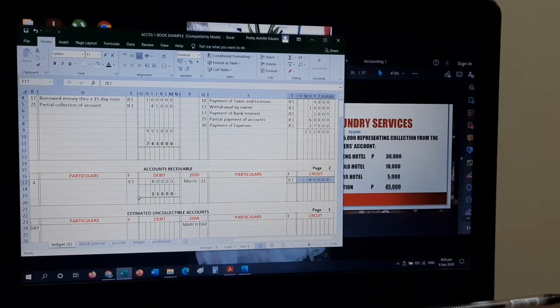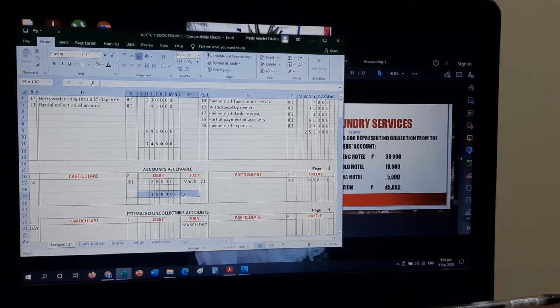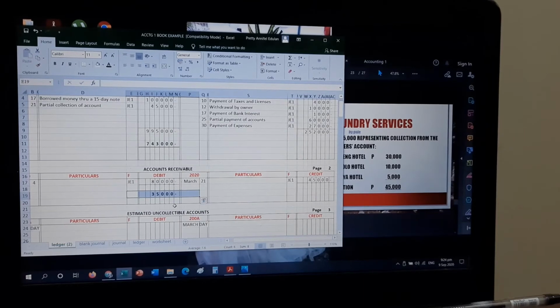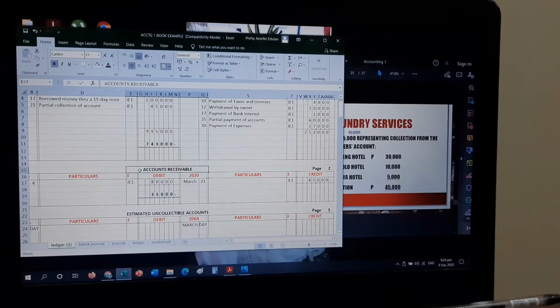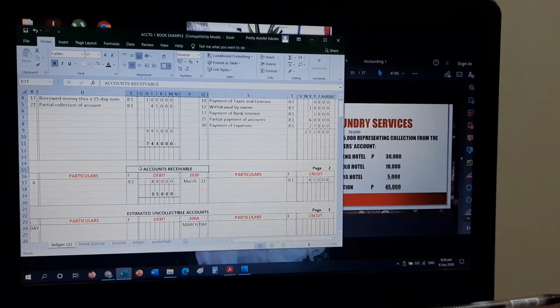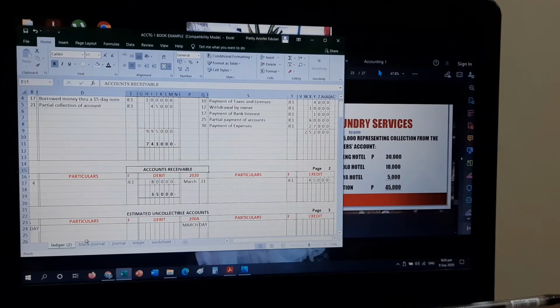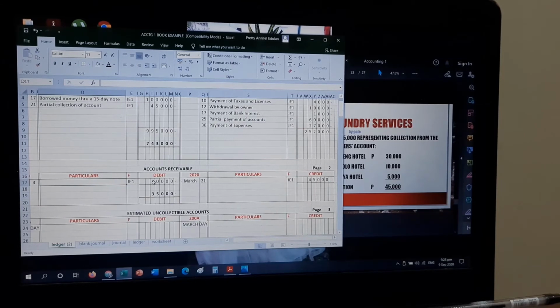That is why you have to collect the remaining balance of 35,000. So you must understand the meaning of the debits and credits, the normal balances. You must understand the meaning of that account title. Again, I said you must understand. I did not say you must memorize.